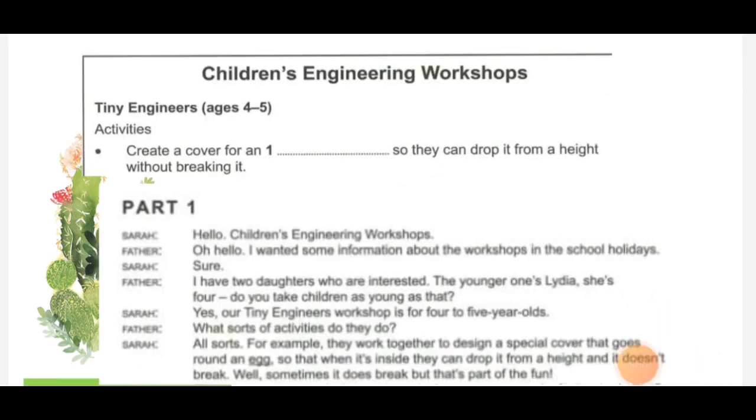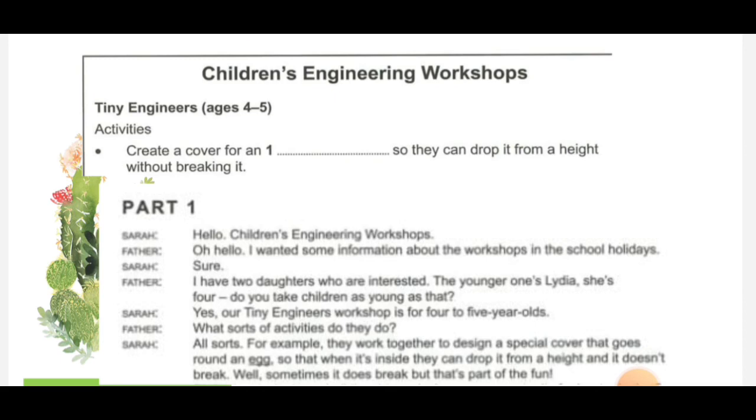So the first thing you should do is to read the instruction. If the instruction says write one word and or a number, make sure you write one word. You can write one word, for example, brush, BRUSH. You can write one number, for example, 10.